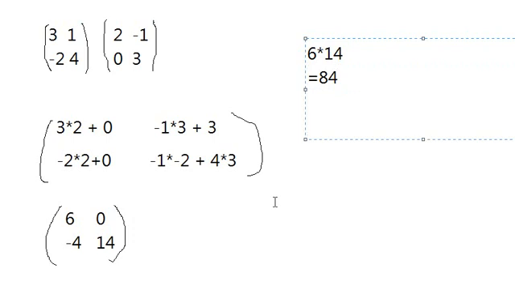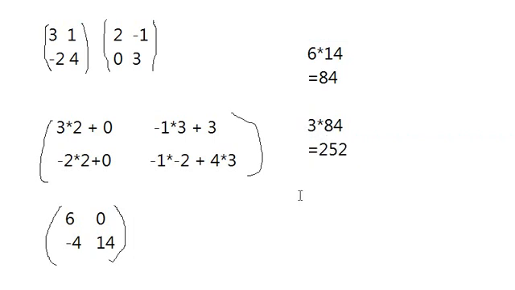That gives us 84 as our area multiplier. Now we need to multiply the base area, which is 3, by 84, and that would give us 252 as the final area of the shape that has been transformed.